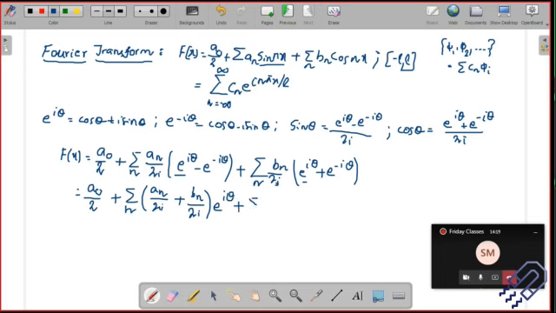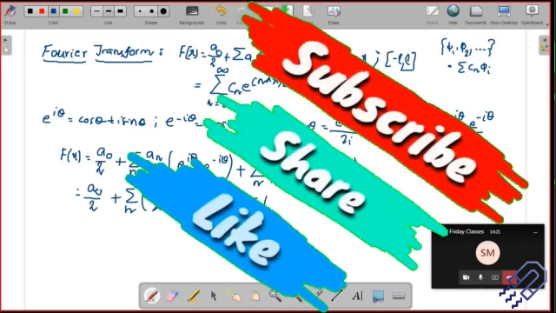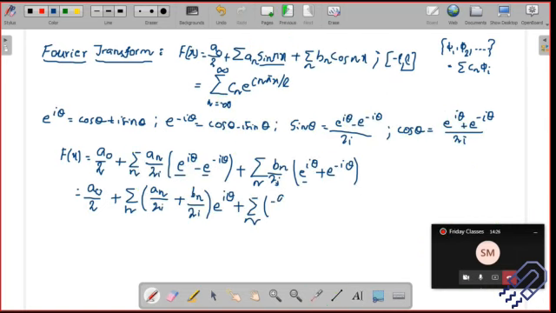Then plus summation n, and then we can combine these two terms here. So it is minus a n by 2i, and then this is a plus. So we put a plus here. b n by 2i e to the power minus i n theta. So we have this relation now, okay?